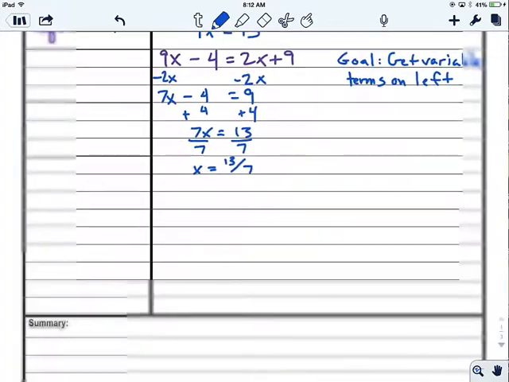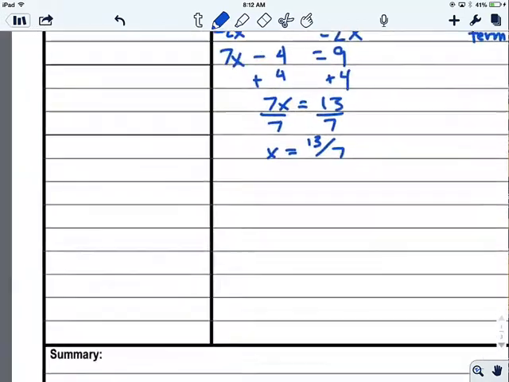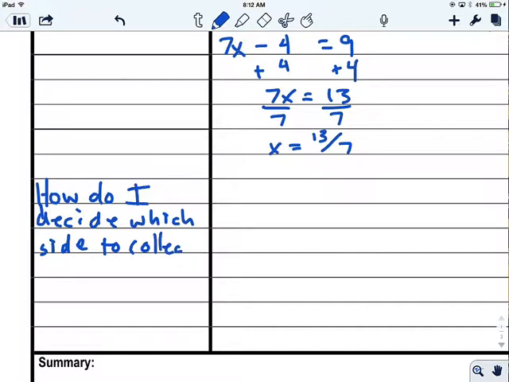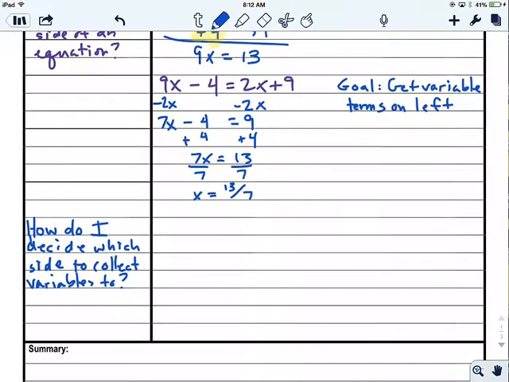I'm going to add one more question here, which is, how do I decide which side to collect variables to? If we look back at this problem, I decided to get rid of the 2x because I wanted to get the variable terms on the left.